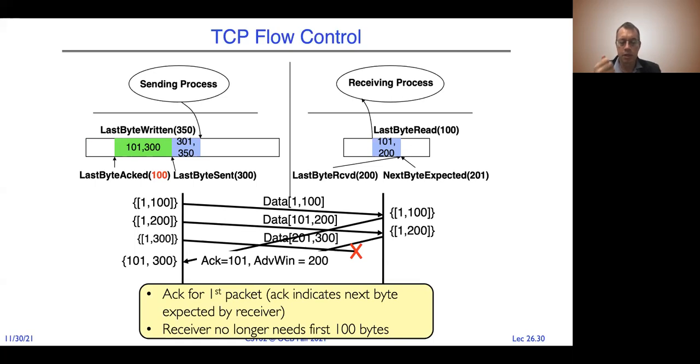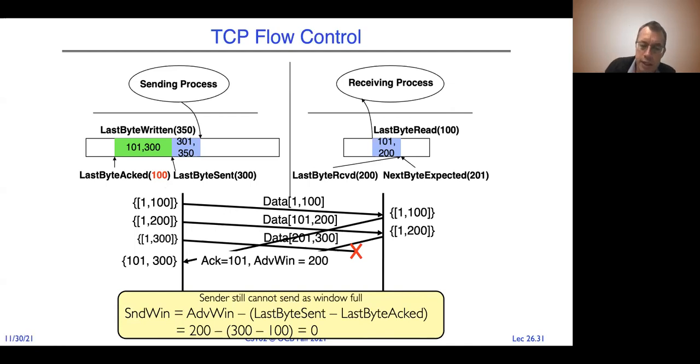The receiver no longer needs the first 100 bytes, so I'm going to remove them from the sender buffer, because the receiver told me that it got the first 100 bytes. And I am going to advance last byte ack to 100.